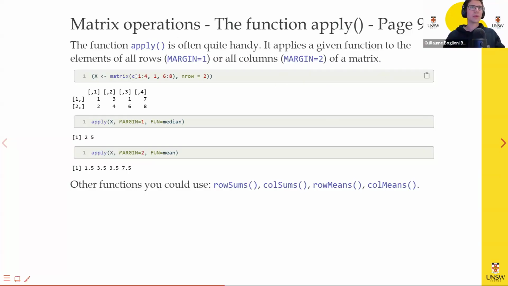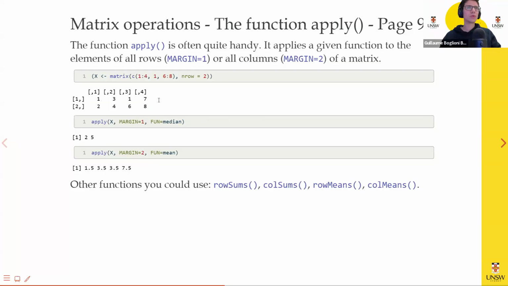Again, I'm creating a matrix here randomly. For some reason, I'm creating a matrix with the numbers 1, 2, 3, 4, and then 1 again, and then 6, 7, 8. Why not? To have 2 rows. If I apply the function median to this matrix, specifying margin equals 1 means I apply the function to the elements of the rows.